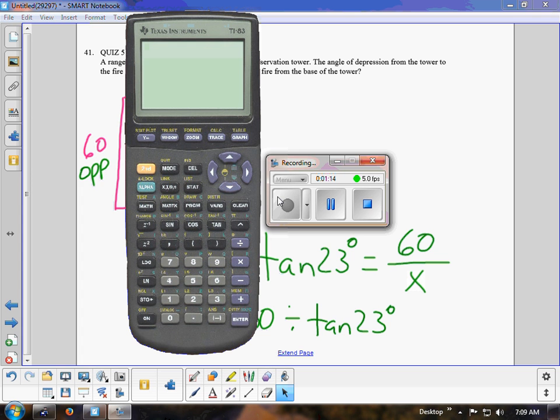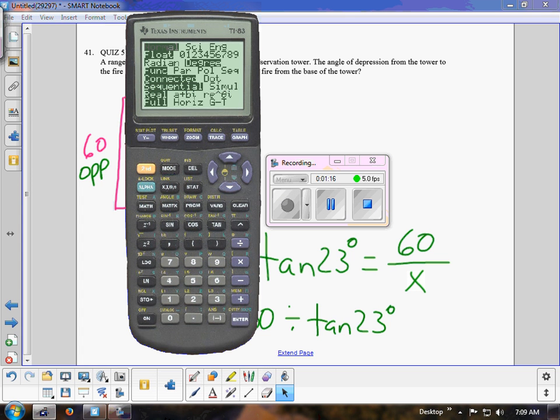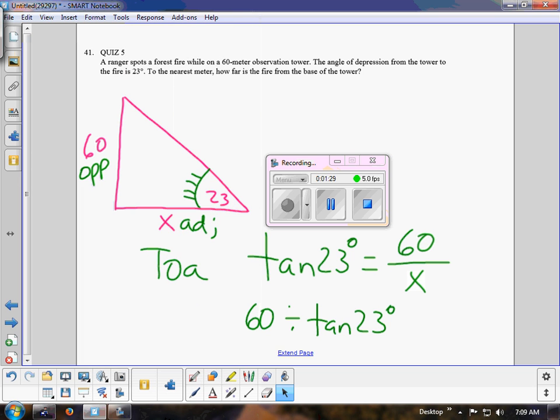Okay, to do that on my calculator, I make sure my mode is in degrees, and I'm going to do 60 divided by tan 23, and I see it's 141.35. So x equals 141.35.